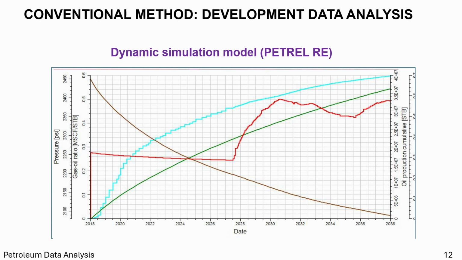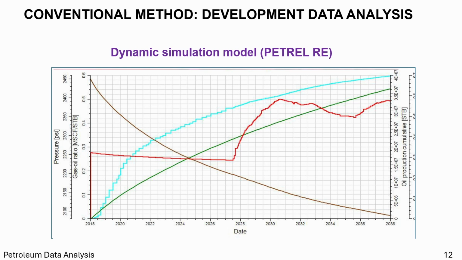This slide introduces the dynamic simulation model, with an initial model and natural depletion scenario. This is where petroleum data analysis evolves from static description to dynamic forecasting. In other words, the static model tells us what the reservoir is, while the dynamic model tells us what the reservoir may do over time.